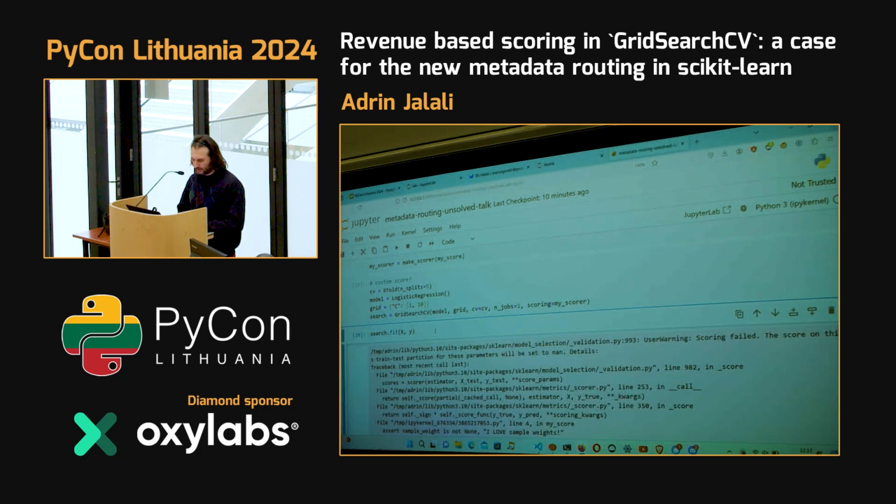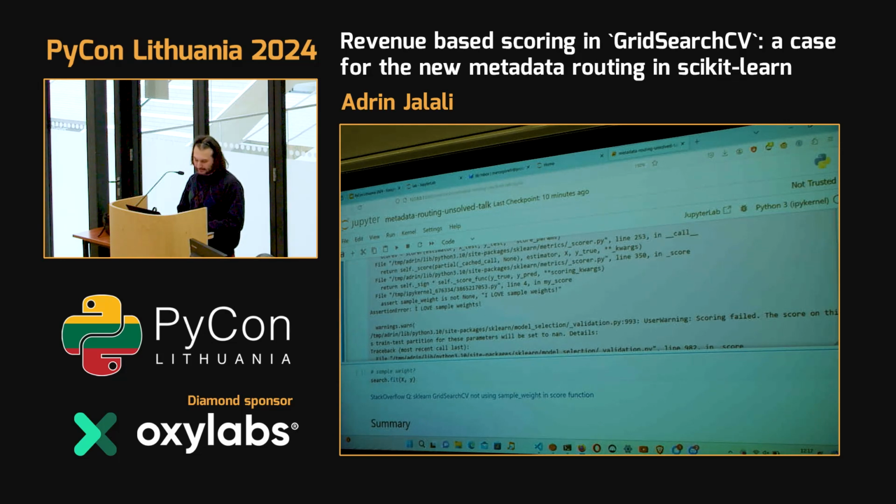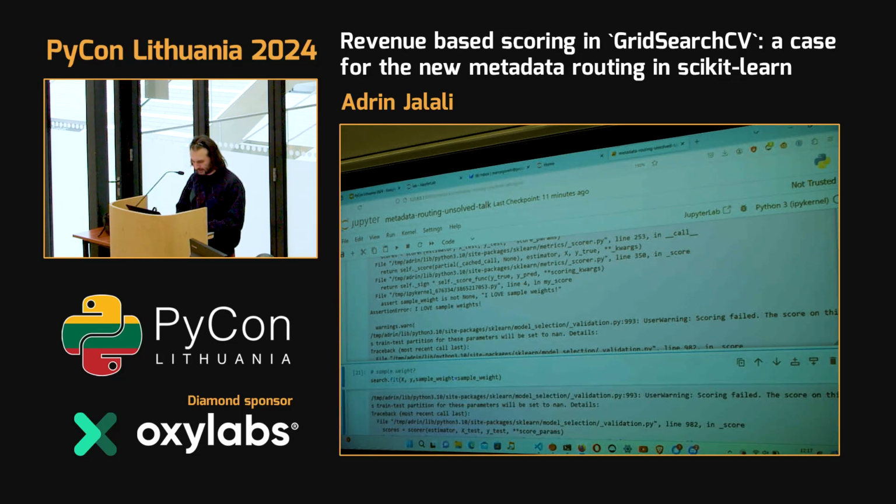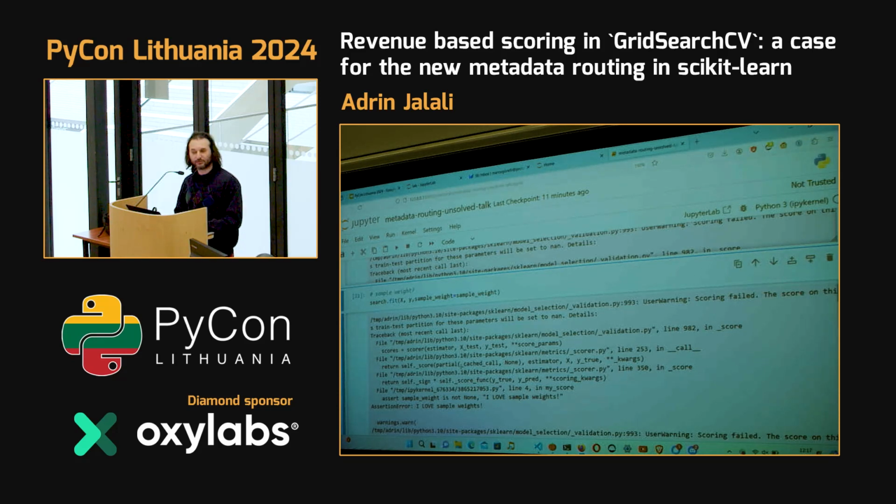And then if I want to fit, it doesn't work because it says I love sample weights. We didn't pass that. Well, the way we pass sample weight to the GridSearch is we pass it here. It still says I love sample weight, so what happened?